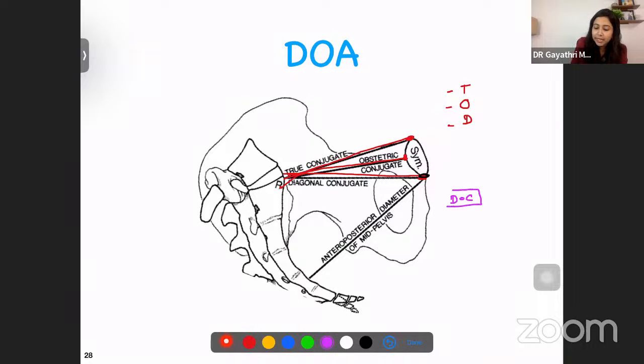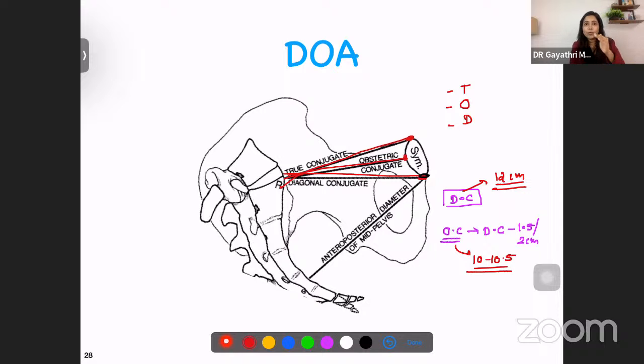So we measure the diagonal conjugate, and to get the obstetric conjugate, we have to subtract 1.5 to 2 centimeters. So obstetric conjugate is diagonal conjugate minus 1.5. Even some sources have written it as 2 centimeters. Usually this diagonal conjugate is nearly 12 centimeters, and the obstetric conjugate is 10 to 10.5 centimeters.